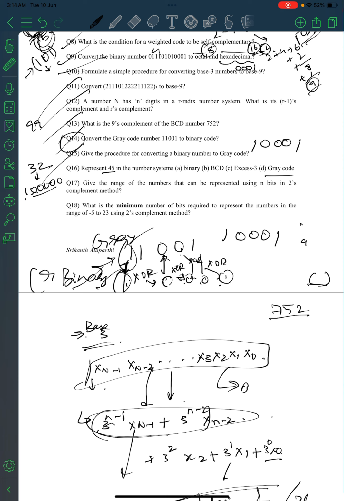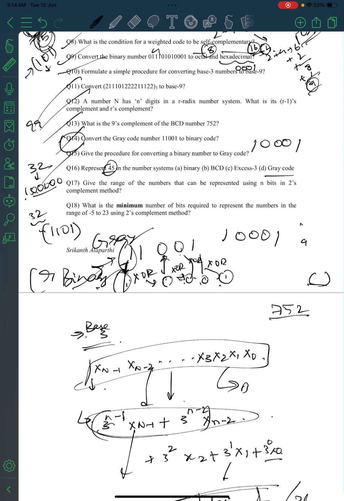So it's 32, and what remains is 13. 1101 is 13. Sorry, it's 13.